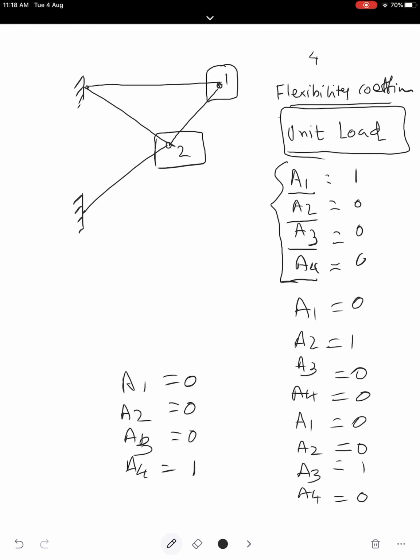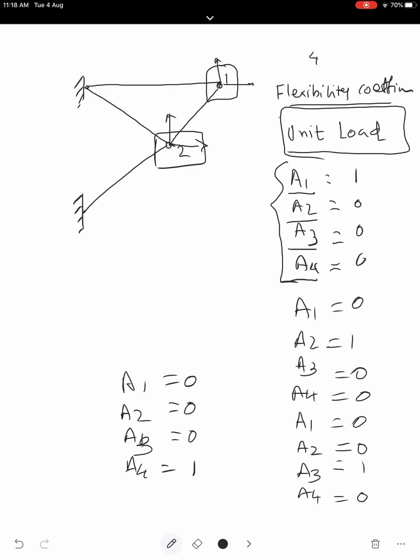Even if the loadings are not given, you can imagine there should be unit force here in this horizontal direction, there should be unit force here in vertical direction. To get flexibility, even if there is no load given, you have to understand this is how I can apply the unit load to get the flexibility coefficient.